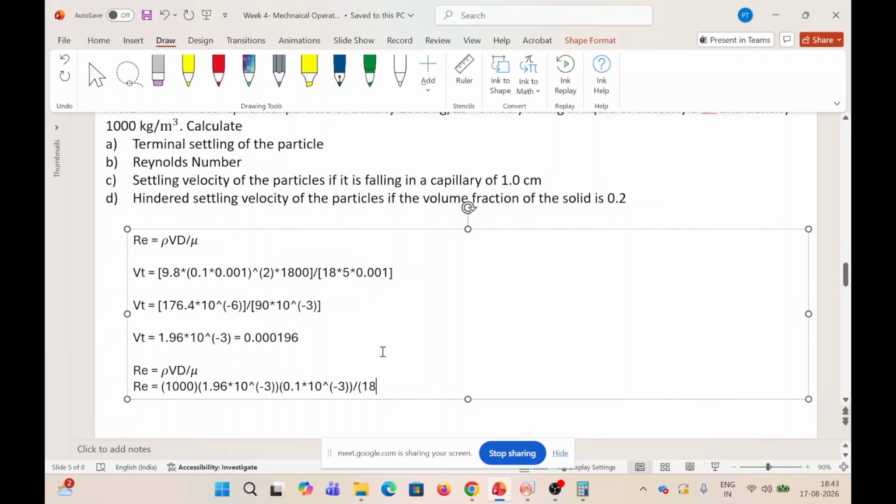Okay. Divided by mu. Mu is 5 centipoise or 0.005.